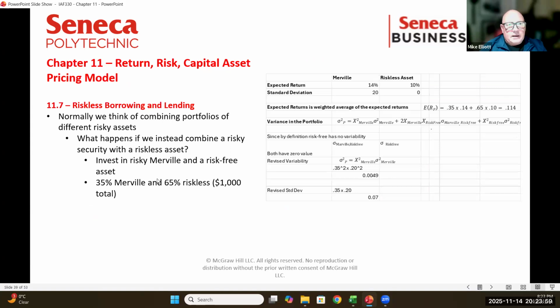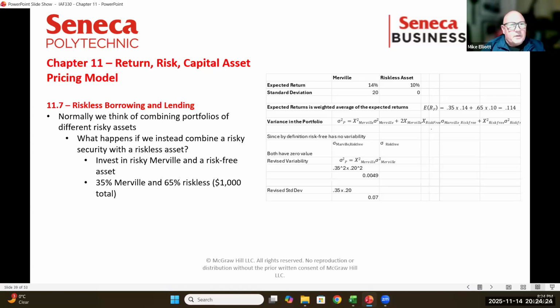So let's think now. If we can create portfolios of different stocks, which are by definition risky assets, what happens if we start to combine risk-free assets or riskless assets into our portfolio? Now, I want to be careful with the term risk-free because I violently disagree with the term.